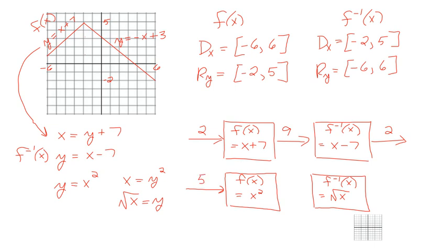When I square 5, I'm going to get an output of 25. Now I'm going to take that, and that's going to become the input for the next function. Well, the square root of 25 is 5. So what I started with is what I end with.